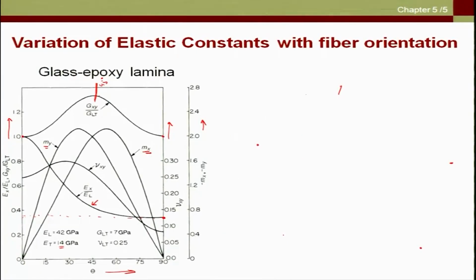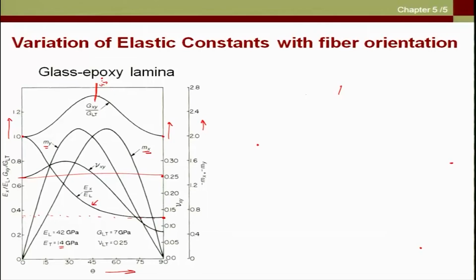So, the last thing is that we will make some comments on Poisson ratio. Poisson ratio, in glass epoxy lamina, starts from some value. The axis for Poisson ratio is here. It starts from about 0.25.